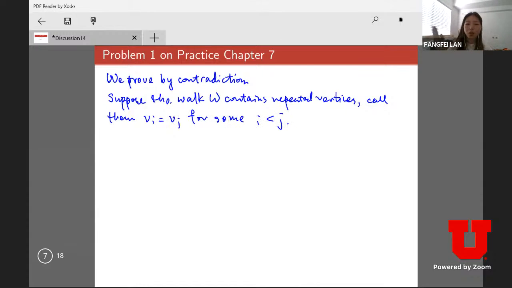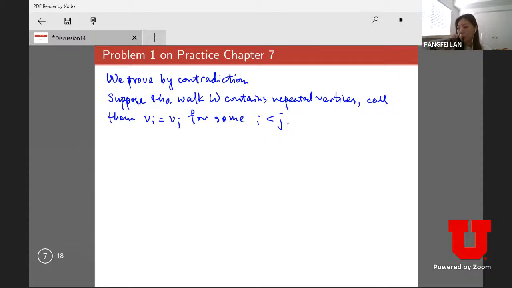Just to make sure i and j are not the same thing. We're not talking about the same vertex. We're talking about two vertices in different positions in the walk, but they're the same vertex. So let's say this is the repeated vertex that we have.